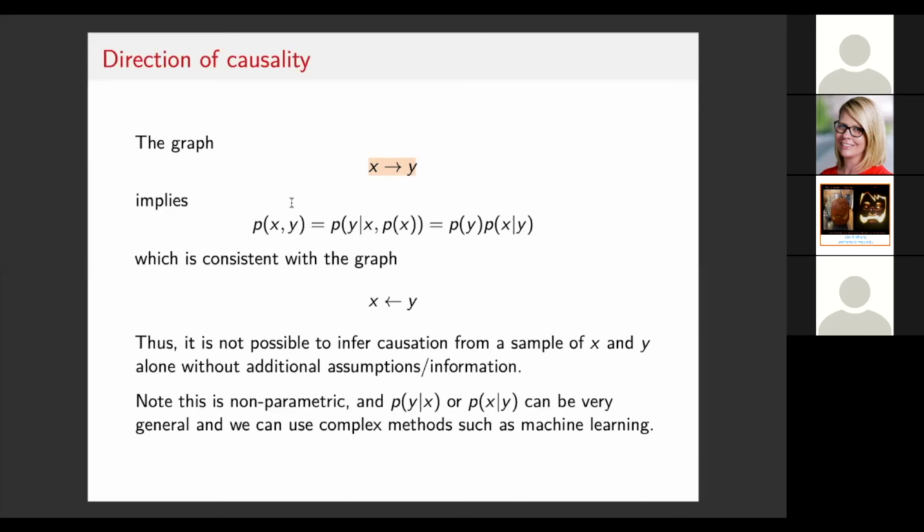And this is very general, very non-parametric. X and Y can be very complicated variables, and you can fit very complex models for probability of Y given X using machine learning, statistical learning, whatever else, but you still cannot infer the direction of the cause without additional assumptions or additional information.